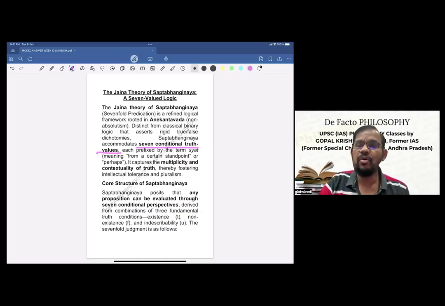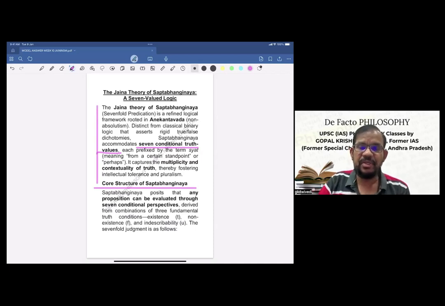They say that no truth is absolute. Every truth is relative, contextual, and therefore it has to be stated in such a way that it also appears that it's only relative and conditional. It's not an absolute truth. Now, let us see what is the core structure of Saptabhangina, because this is what we have said in the introduction.